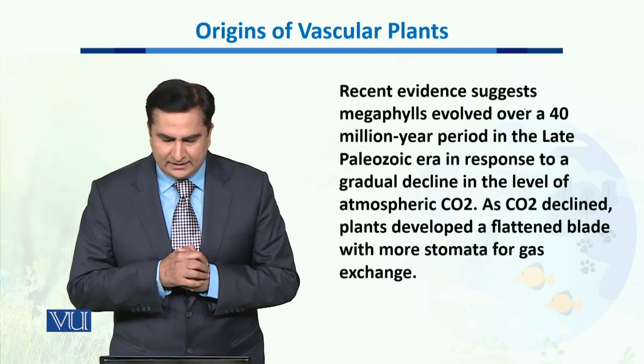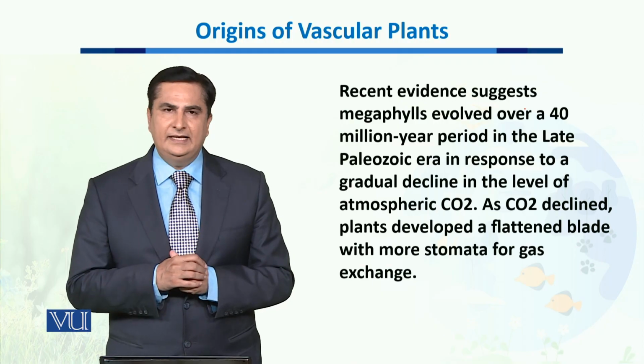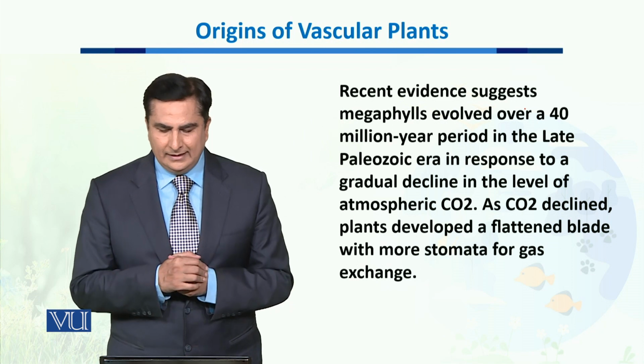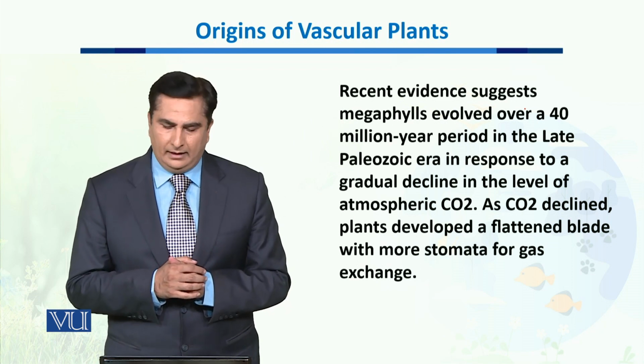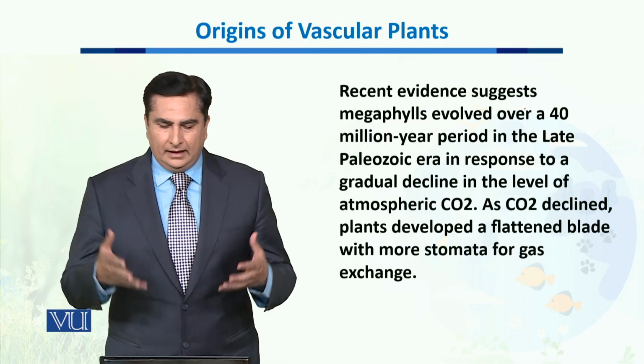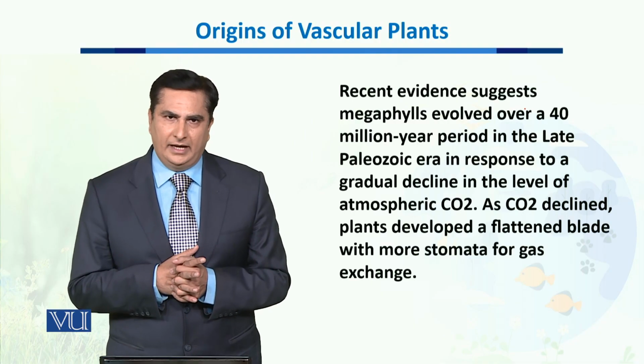There is recent evidence that suggests that these megaphylls evolved over a 40 million year period in the late Paleozoic era in response to a gradual decline in the level of atmospheric carbon dioxide.